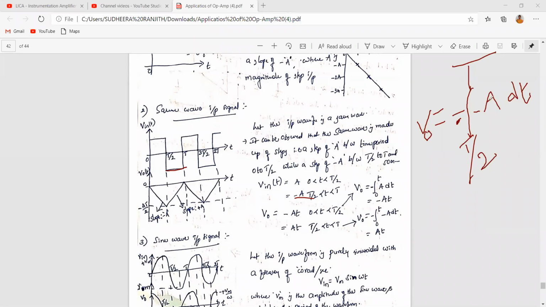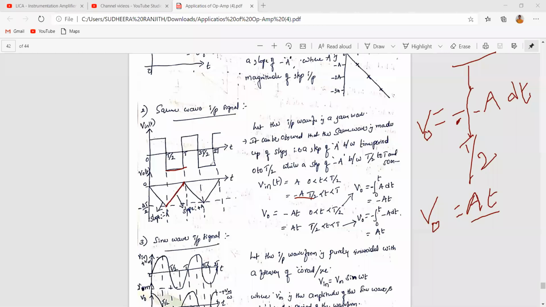Minus minus is plus. So what is the expected output V naught from T by 2 to T? Is it a negative ramp or a positive ramp? Positive ramp. So that's why you're getting a positive ramp here.